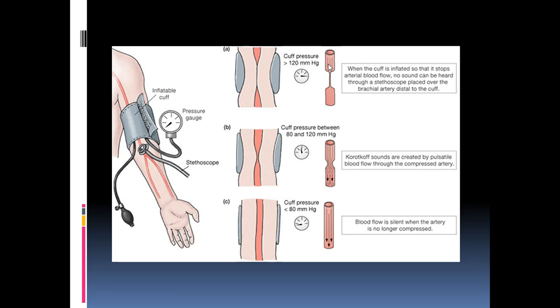The cuff will then be slowly deflated, allowing blood to flow back to the left arm or to the right arm, whichever arm that you use. And the first sound that you hear through the stethoscope will be the first pulse of blood passing through, right?